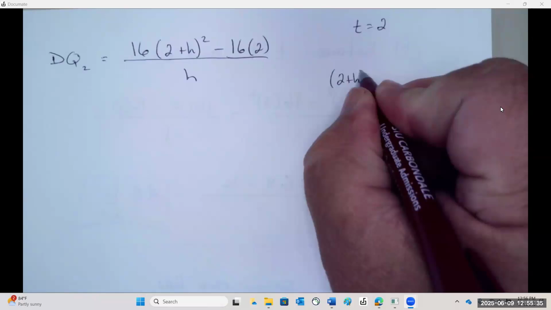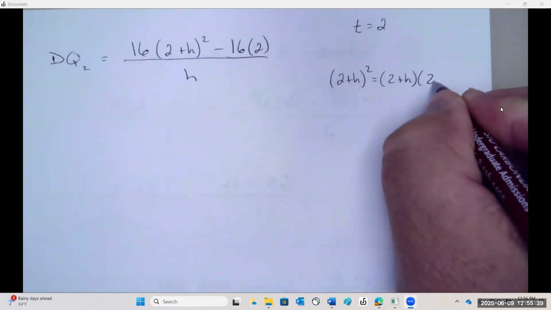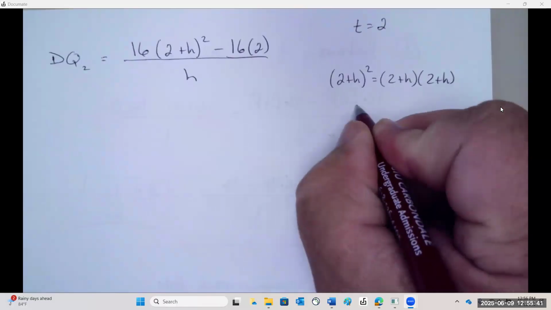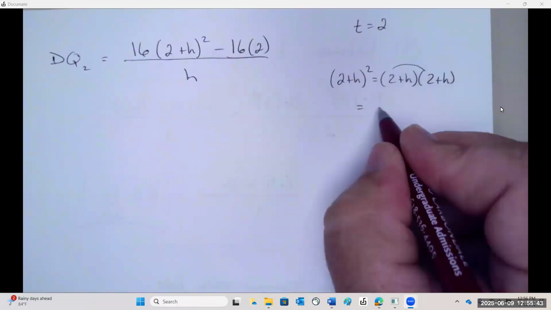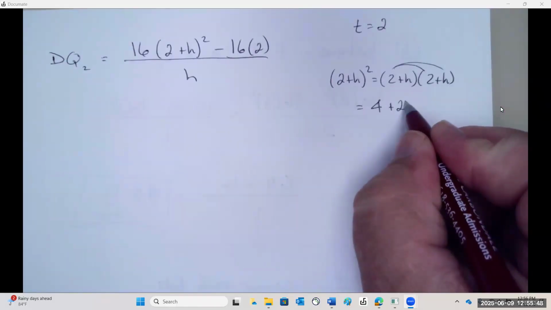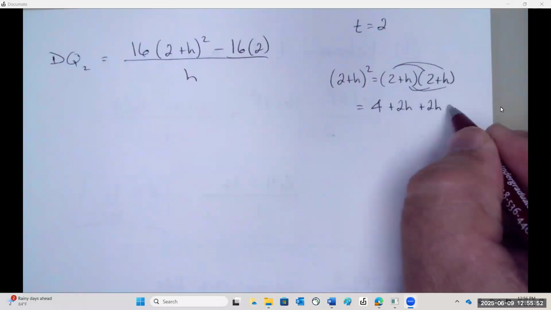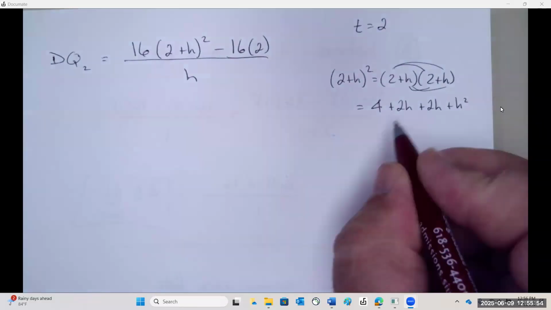So (2 plus h) squared becomes 2 plus h times 2 plus h: 4 plus 2h plus 2h plus h squared.